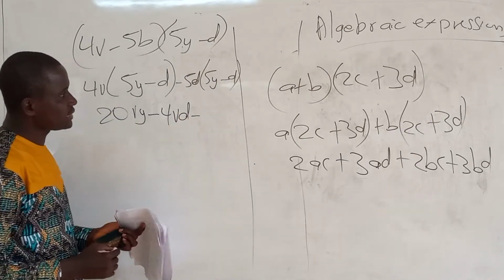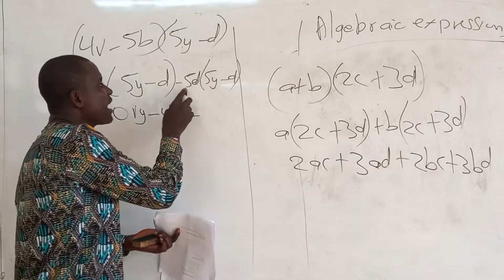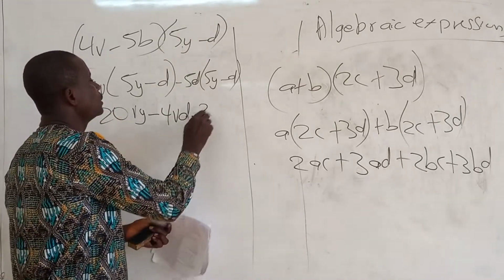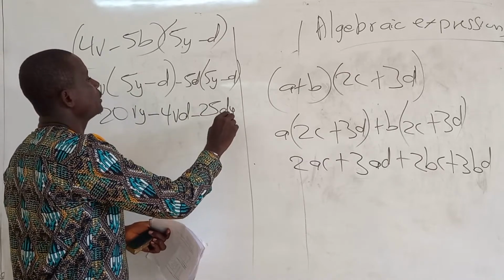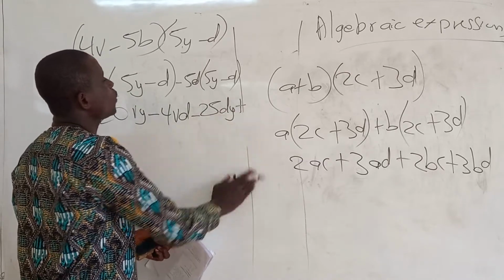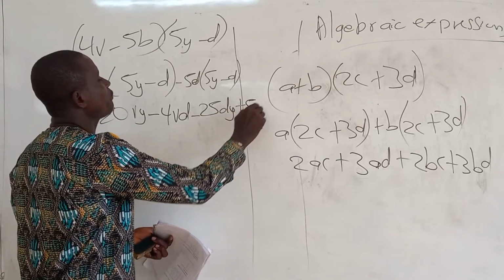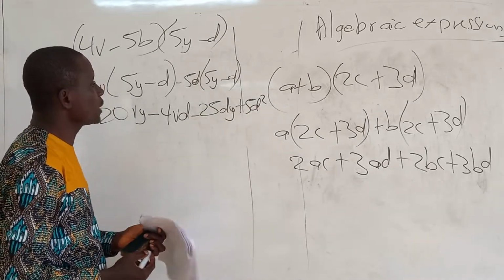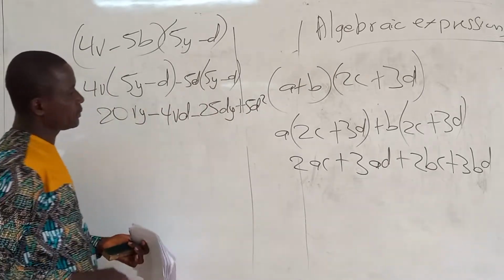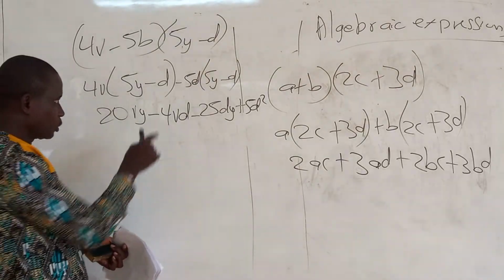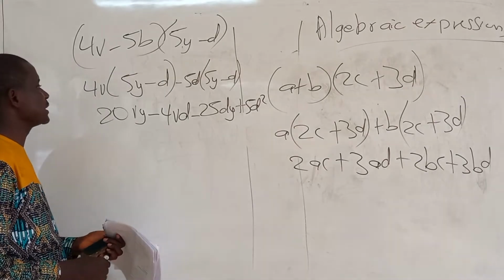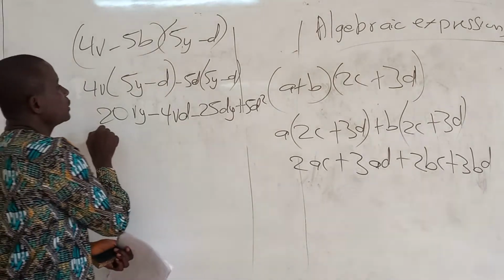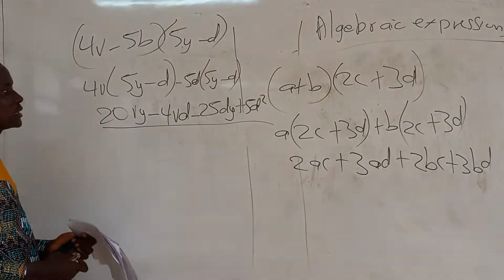Then minus, look at it, you have 5 here, 5 here, that would be 25dy. Then plus 5d squared. Why is it 5d squared? Well, there's d here, d there. And why is it plus? Because when negative multiplies negative, it gives you positive. That's why I've indicated it that way.